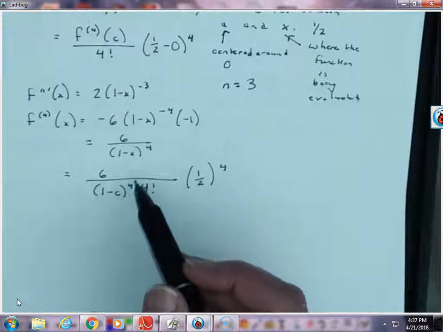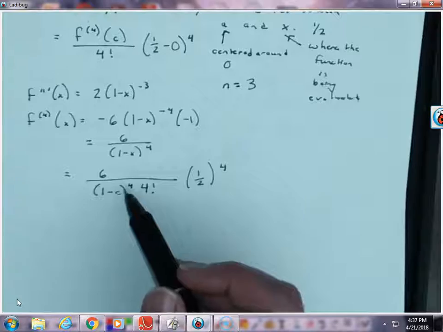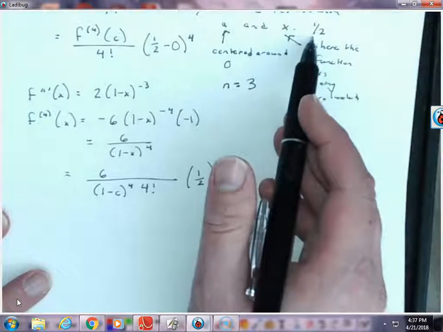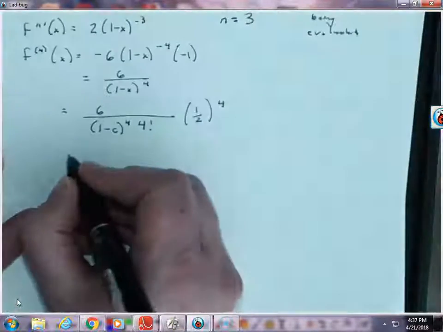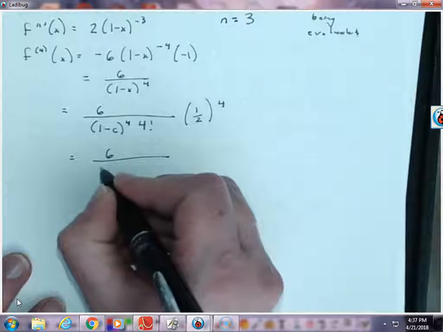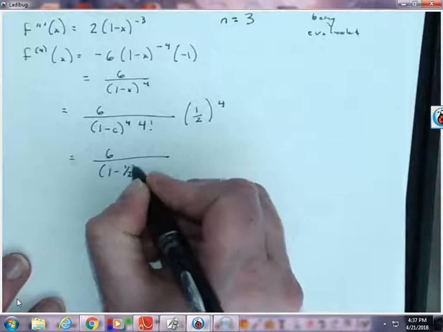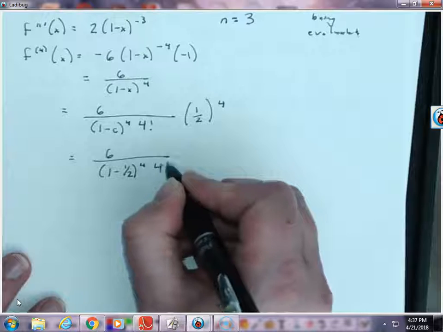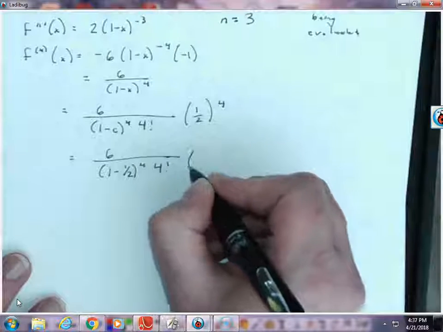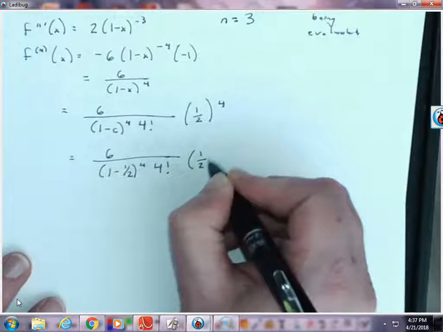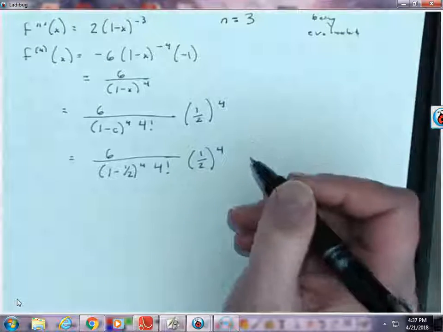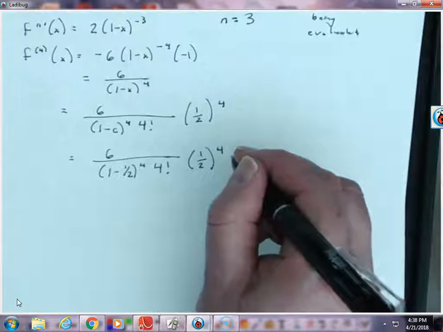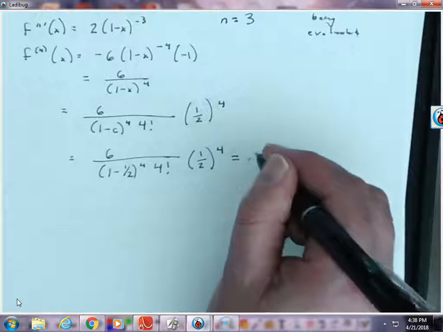So that's definitely going to make my error term larger. So in this case, the correct thing to do would be to substitute in the 1/2. So if we do that, we have 6 over 1 minus 1/2 to the 4th times 4 factorial, multiplied by 1/2 to the 4th. Okay. If you work that out, again, you have your calculator, you get 0.25.